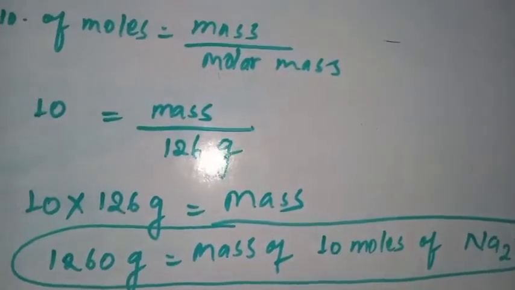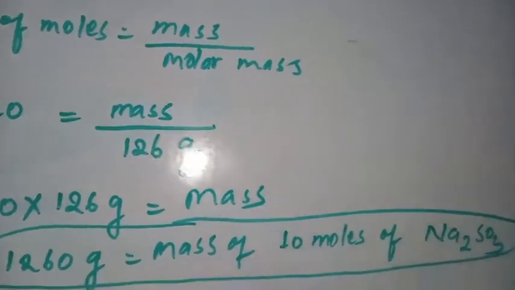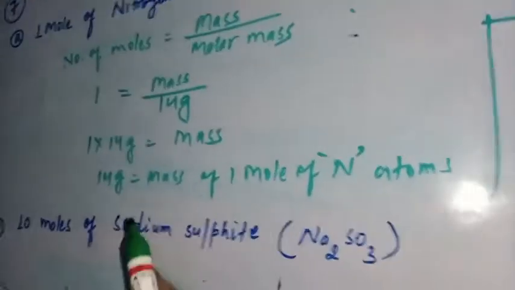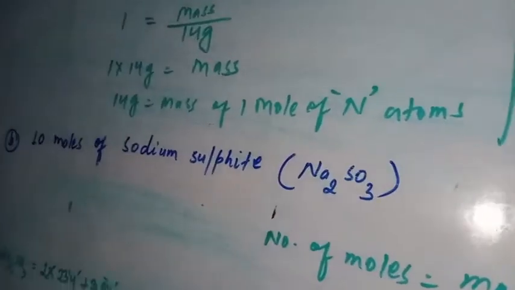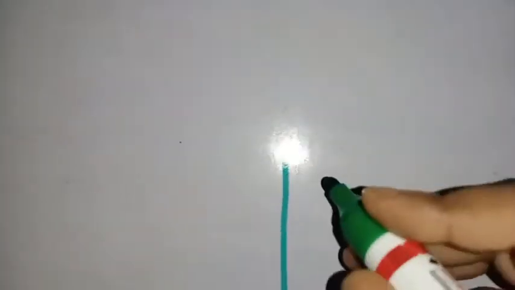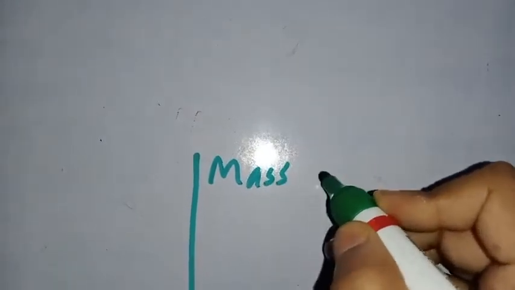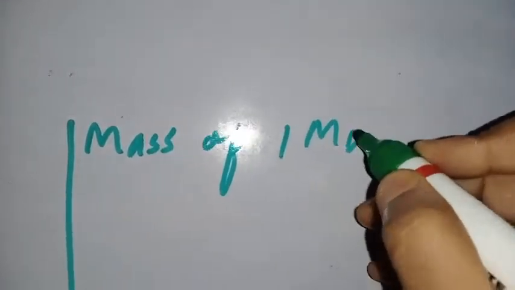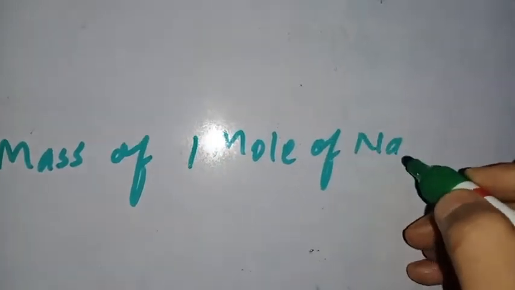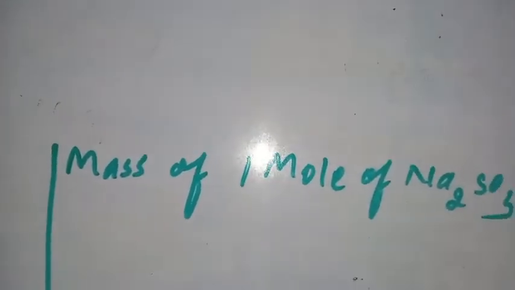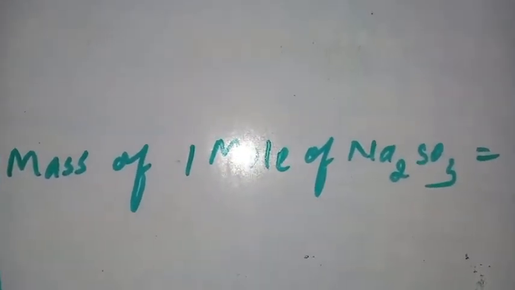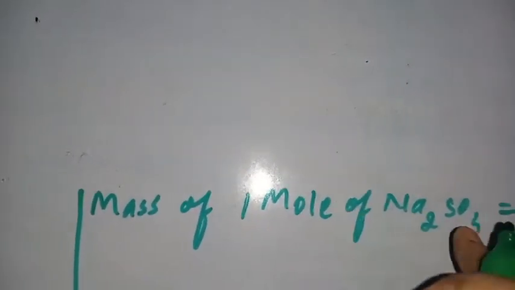Okay, one more method, as I just discussed before also. You can just see the question, it is given 10 moles of sodium sulfite. The mass of 10 moles of sodium sulfite we have to calculate. So for that we should know the mass of 1 mole of sodium sulfite.